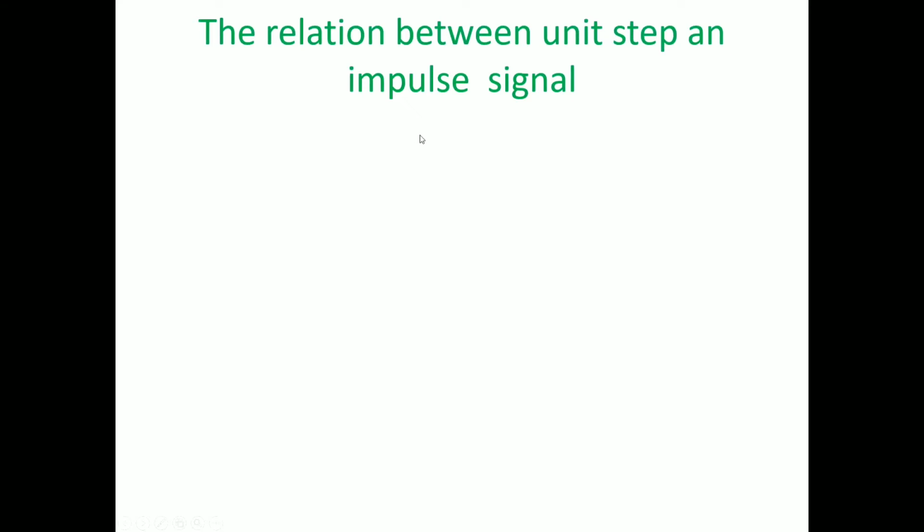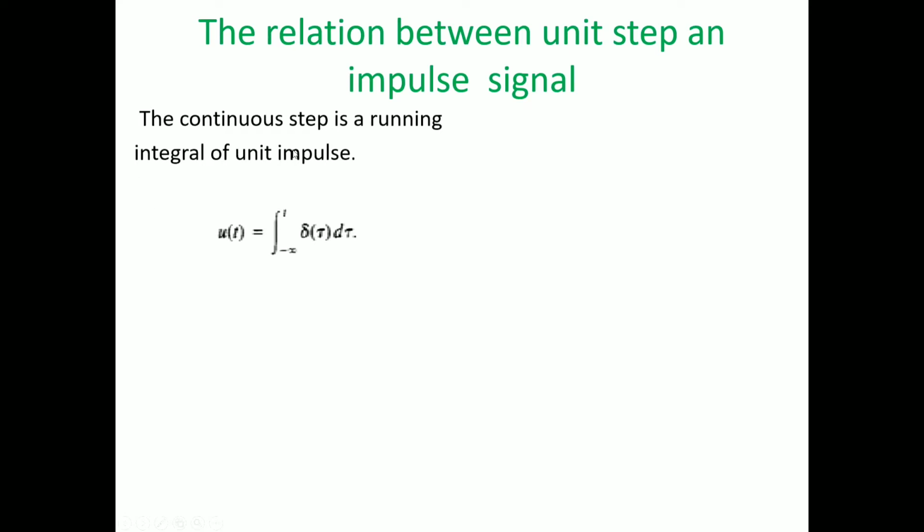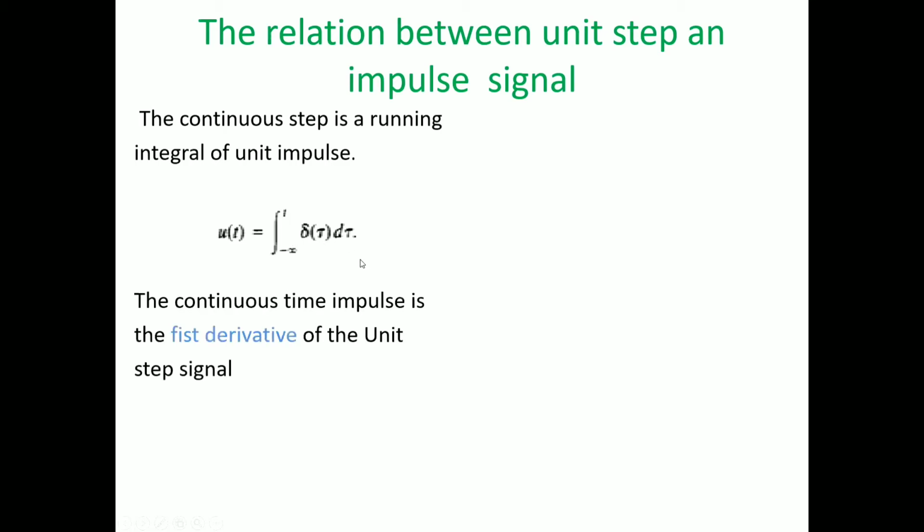Now, what could be the relation between the unit step signal and the impulse signal? We have already derived it, but we are trying to consolidate the same. The continuous step is a running integral of the unit impulse. So u of t can be written as integral minus infinity to t delta tau d tau.